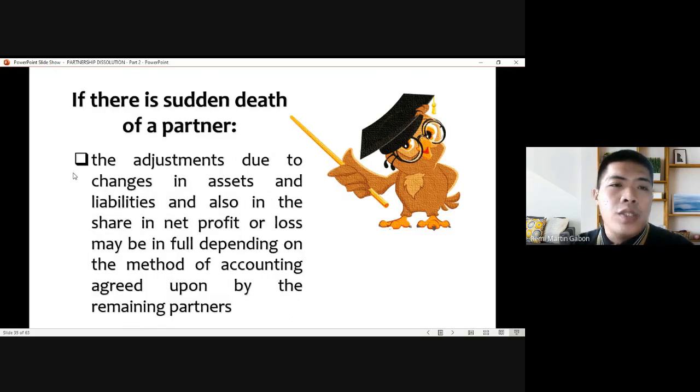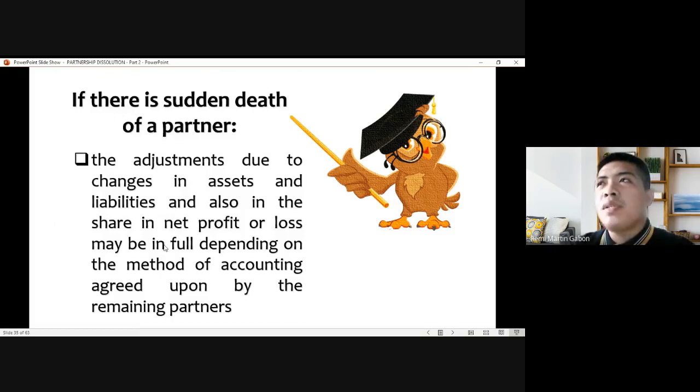The adjustment due to the changes in assets and liabilities, also in the net profit, may also be accounted for in full depending on the method agreed upon by the partners. Earlier, the method was termed the proportionate method. Here we can have full accounting or the full method.